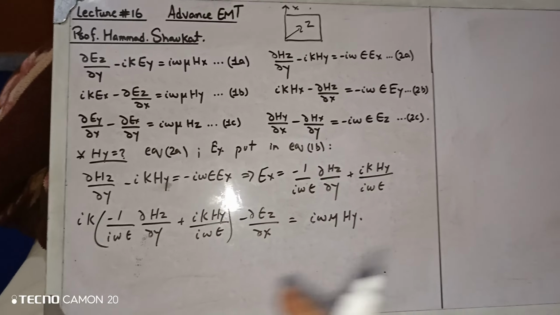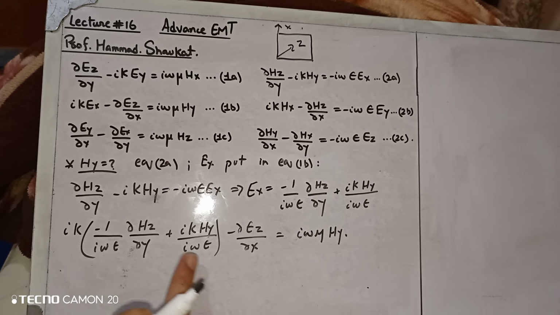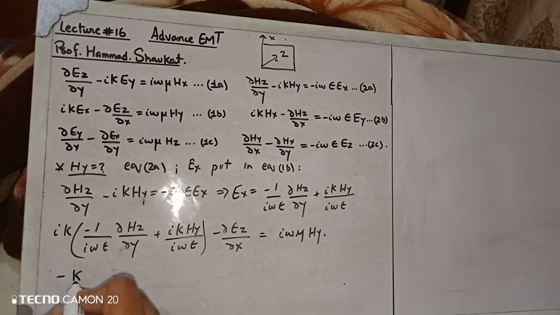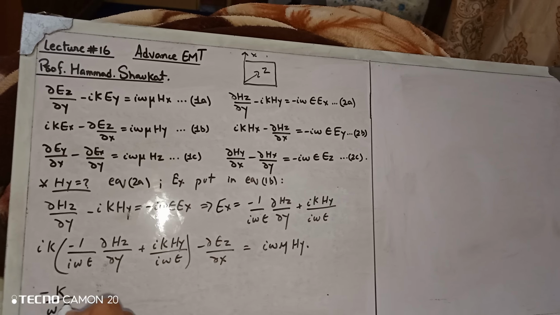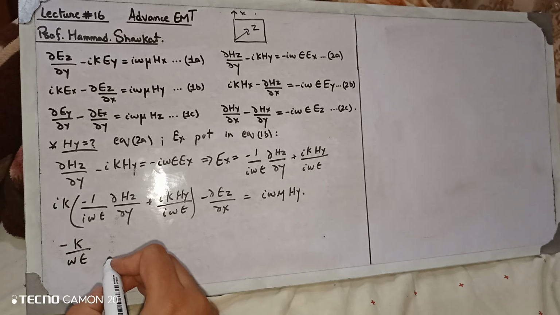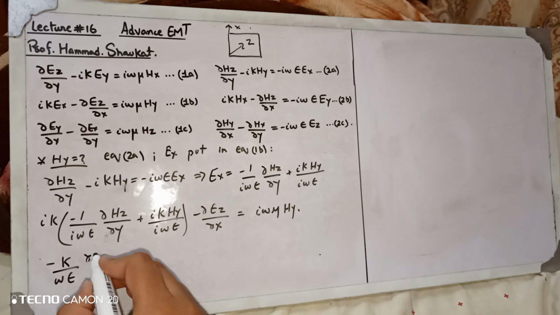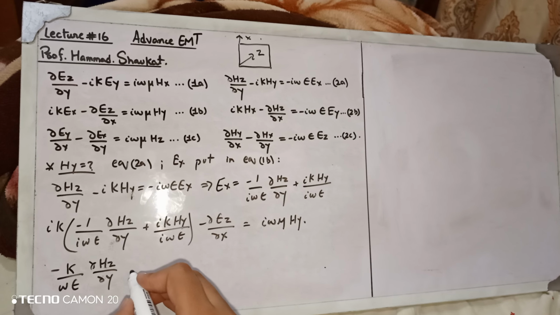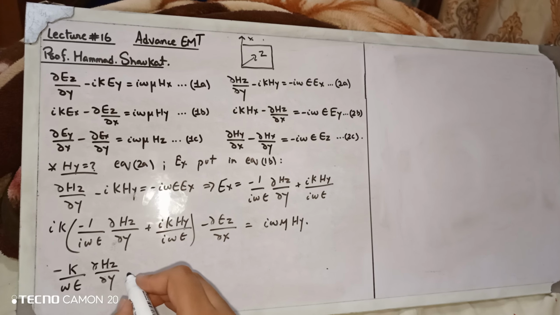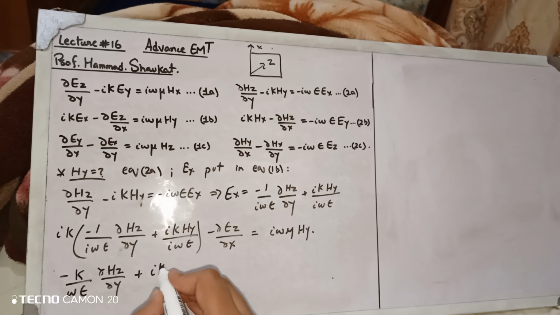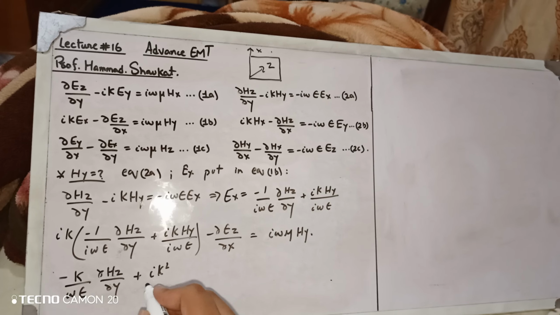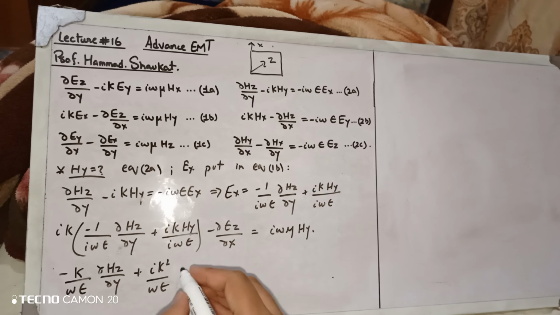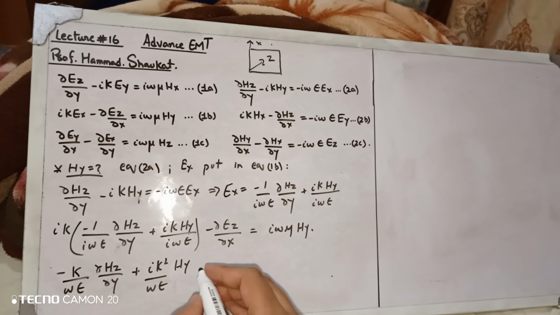Okay, now again we have to multiply this with this and this with this. So let's multiply this equation. So it becomes minus k divided by omega epsilon, partial Hz by partial y. Plus iota k square divided by omega epsilon Hy.